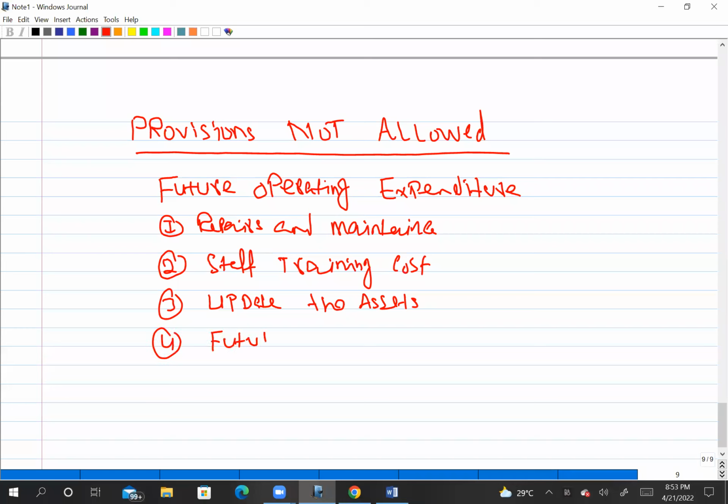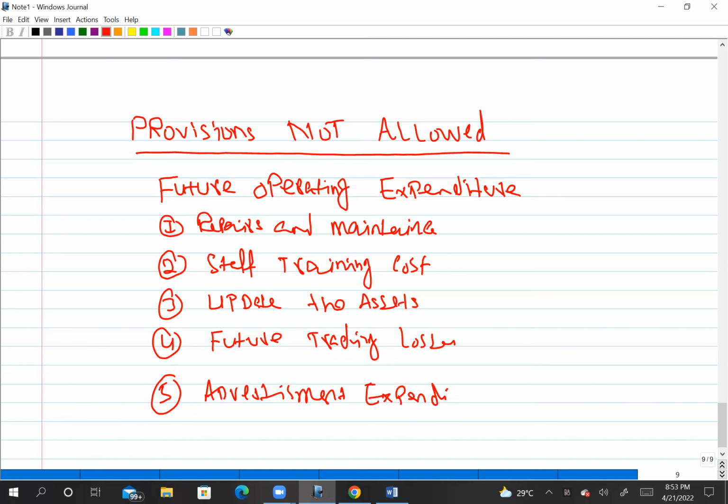Provisions are not recognized for future trading losses, for advertisement expenditures, or for overhauling or inspection costs.